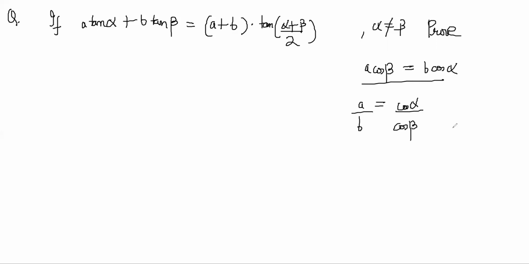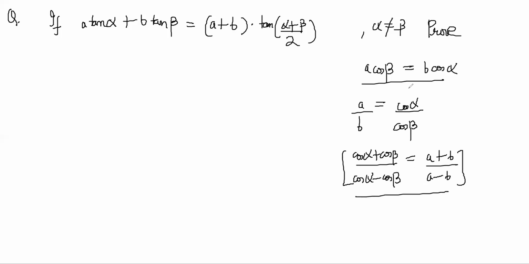If I have to prove this, instead of this I can prove (cos alpha plus cos beta) by (cos alpha minus cos beta) is equal to (A plus B) by (A minus B), right? So I can prove this instead, and I'll get all of this, right? So I have to prove this.